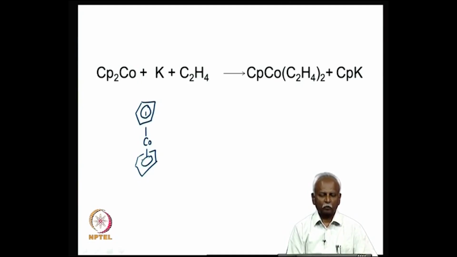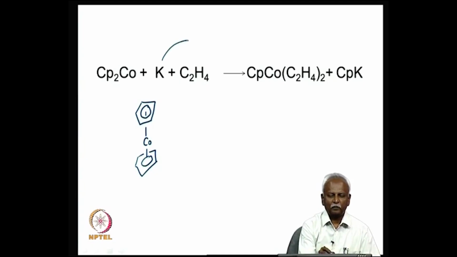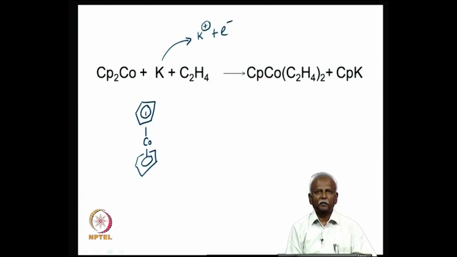Since cobalt has 9 electrons, it has 1 electron more, and if you pump in 1 more electron using, say, potassium, the reducing agent which will become K plus, it will add 1 electron to the medium, and this 1 electron will add on to the cobalt. If it becomes cobalt minus 1, this turns out to be a 20 electron complex, and it is quite unstable.